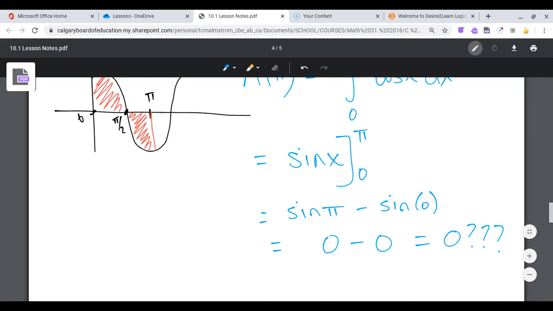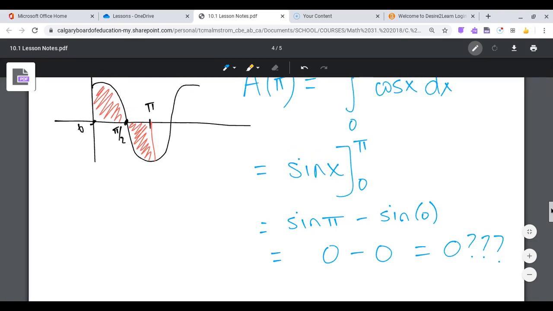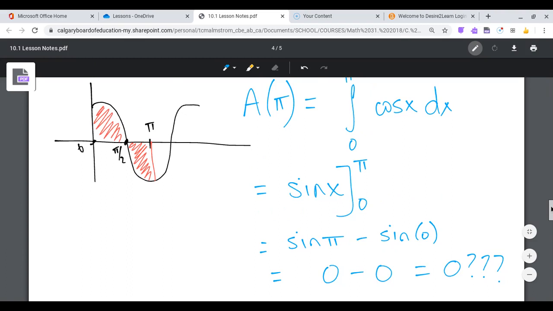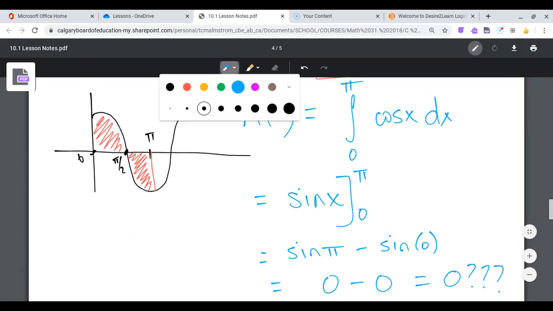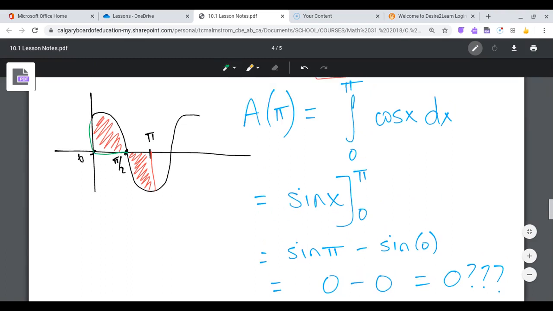So I went around this route on purpose, okay? The problem is that when you end up with a piece above and a piece below the x-axis, then this subtraction part clearly doesn't work in this case. Why did it come out to be 0?